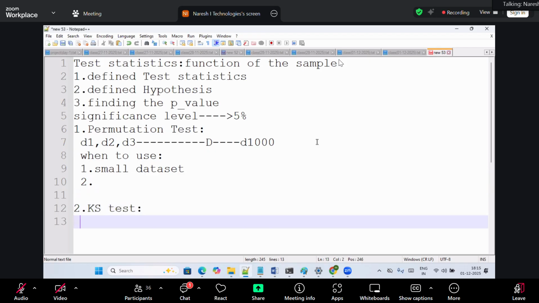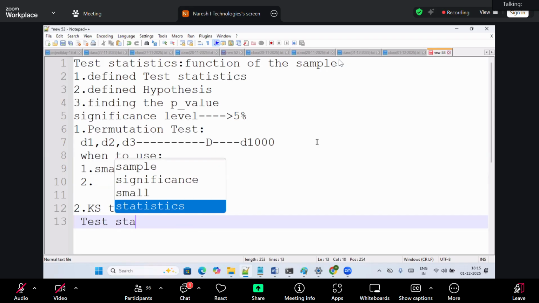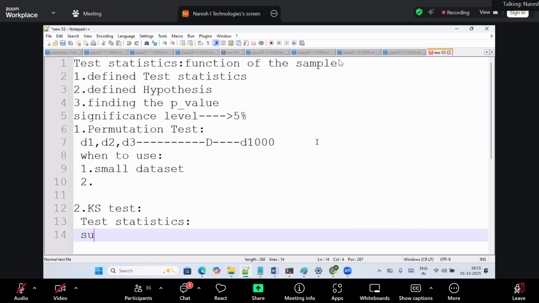Now guys, what is the test statistic here? It is the supremum difference between the CDF of xn minus the CDF of xm. So you have to take the supremum difference between these.